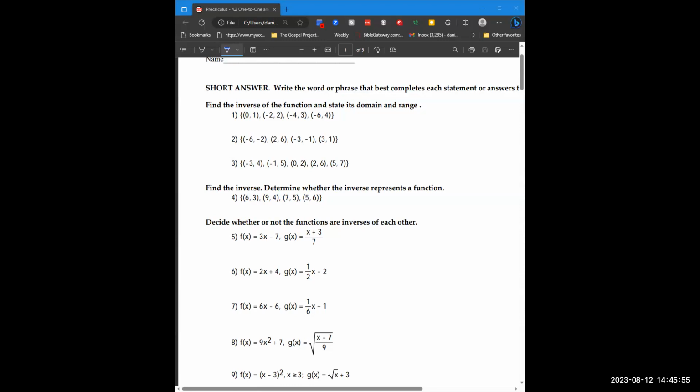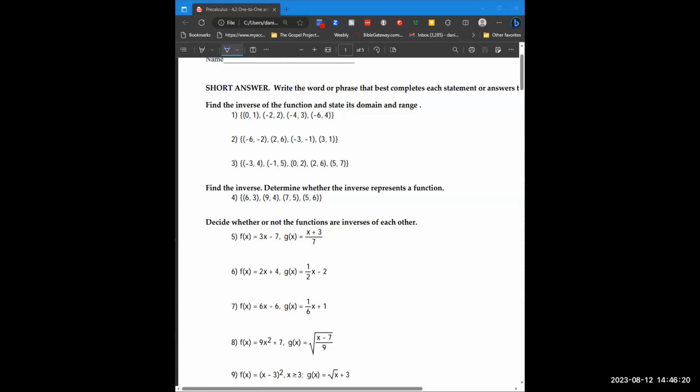And I want to switch it now so that my old domain is my new range, and my old range is my new domain. And I want all the arrows to go the opposite way.